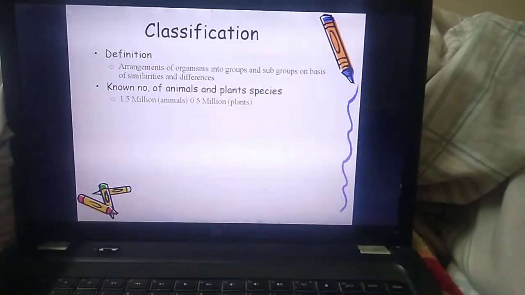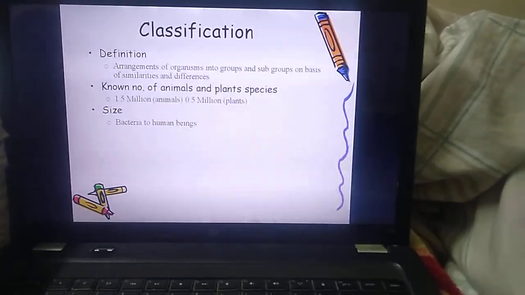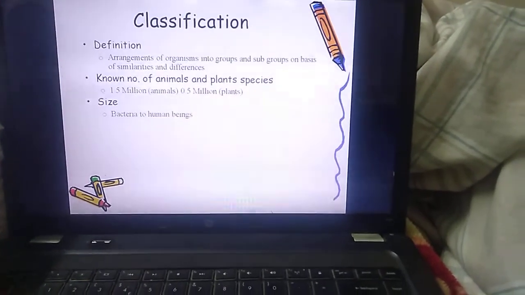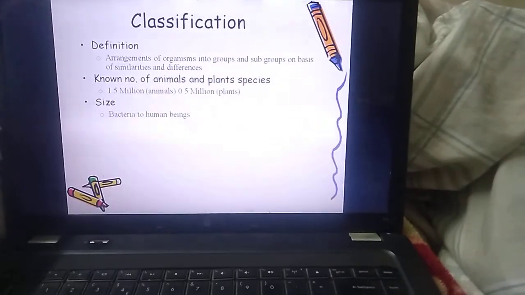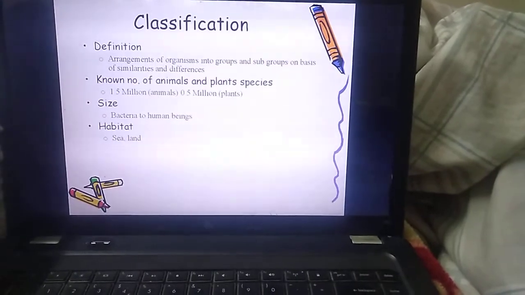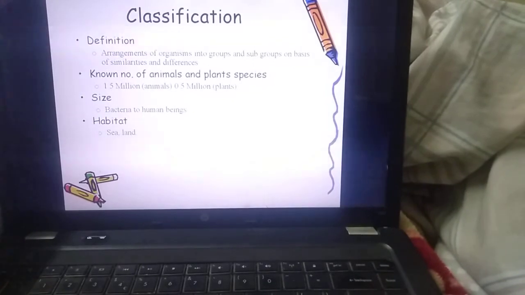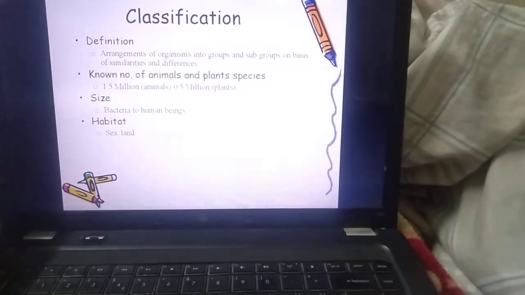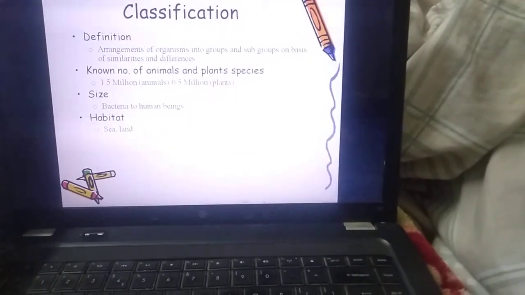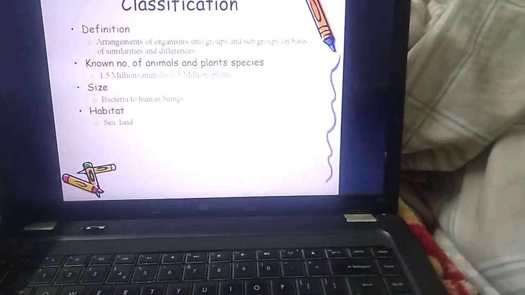Size of organisms: they range in complexity from small and simple bacteria to large and complex human beings. Next thing is habitat. What is habitat? Habitat is a place of living where organisms are present. Some of the organisms live in sea and some on land.